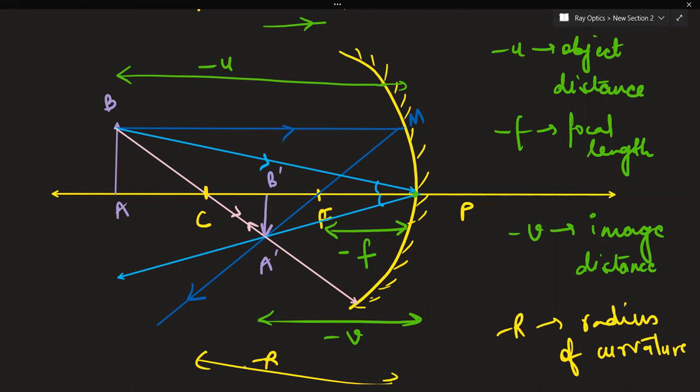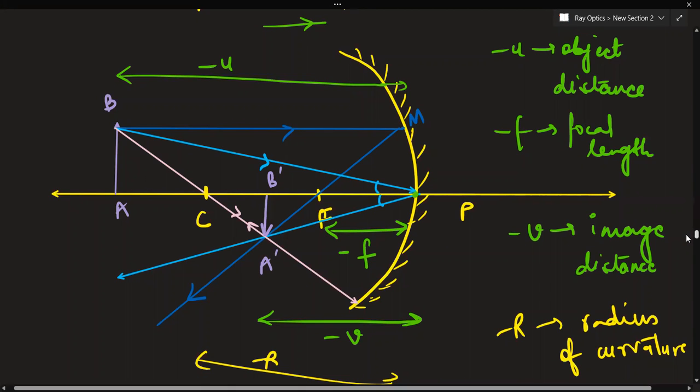See carefully, class, because many rays are passing, so it can become confusing. Clearly note down the points. CP is the radius of curvature. B dash P is the image distance. So if I subtract the image distance from the radius of curvature, I'll get this part, B dash C, which is left.